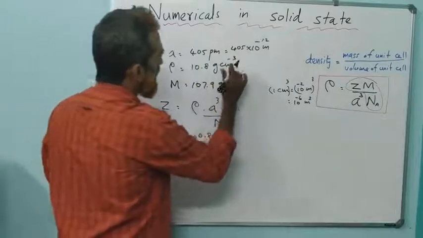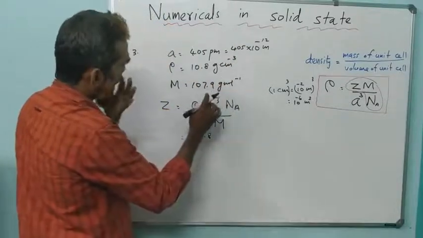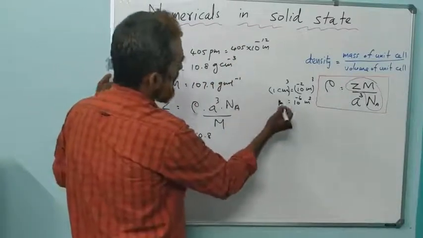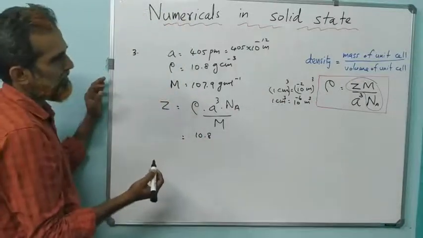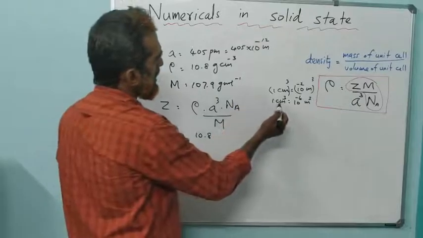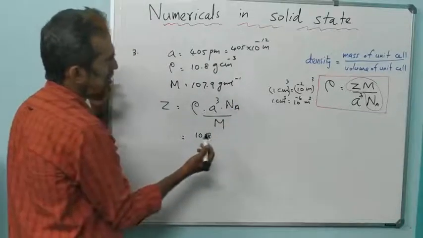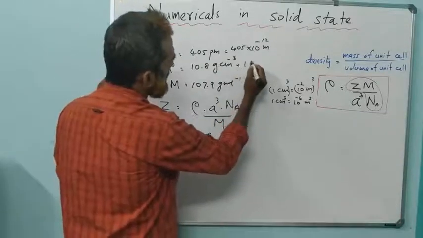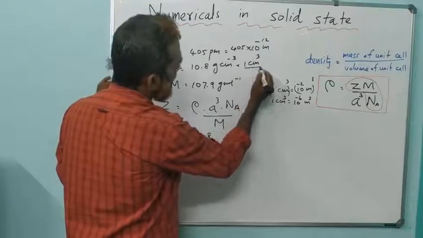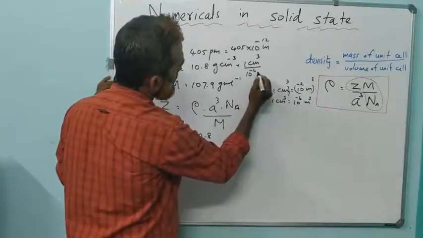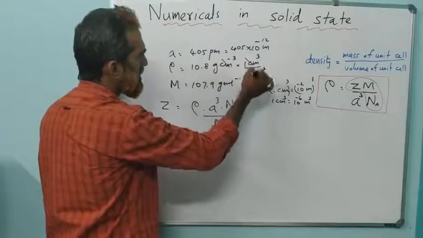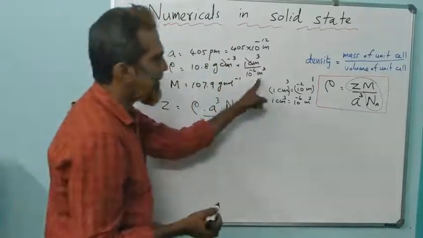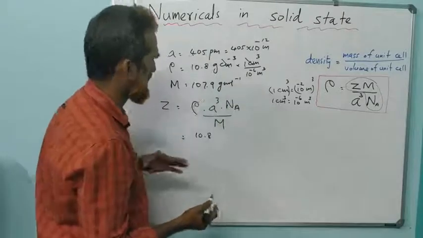So if you take the ratio, 1 centimeter cube divided by 10 raised to minus 6 meter cube, you can see that this gets cancelled and you end up in gram per meter cube, and divide by 10 raised to minus 6 will be there.